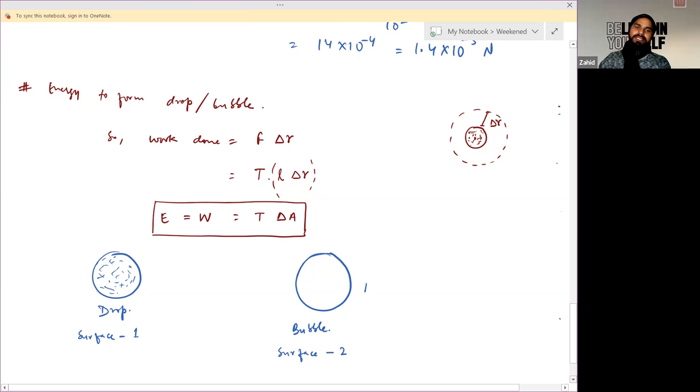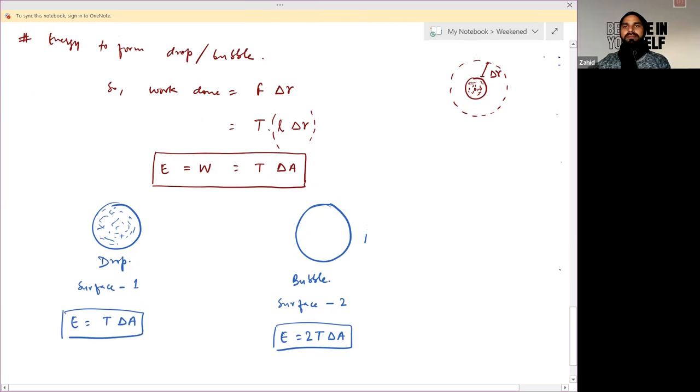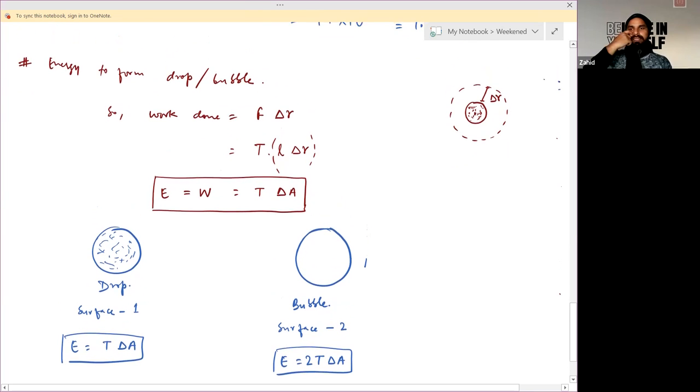Depending upon these interacting surfaces, we define energy equals surface tension times area, and for a bubble it will be surface tension times twice the change in area. Is it clear?